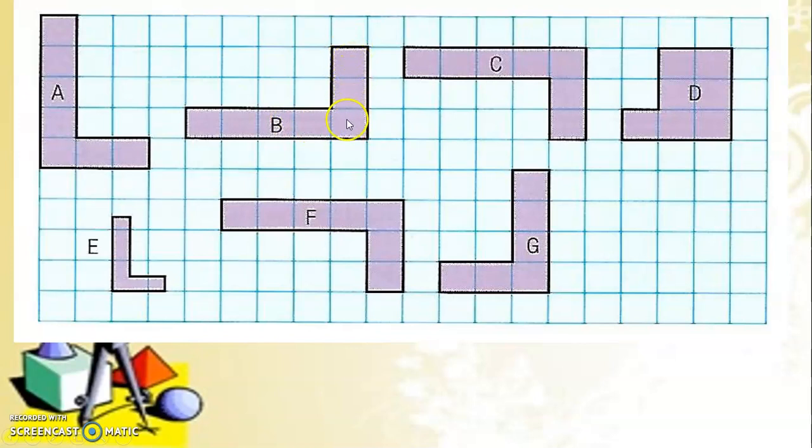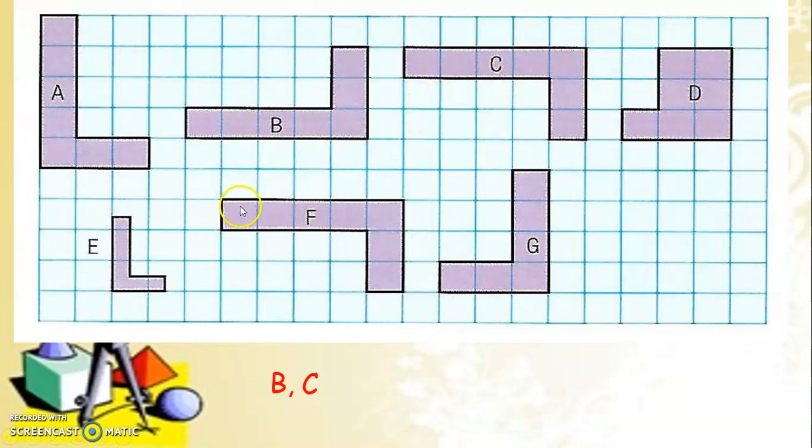So it means B is congruent to shape A. Let us see which other one is congruent to shape A. Shape C is also congruent to shape A because it also has 5 squares on this side and 3 squares on this side. So we can say that C also is congruent to shape A.